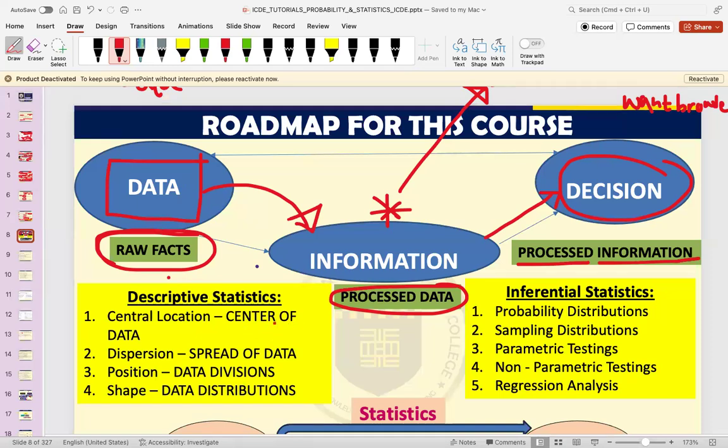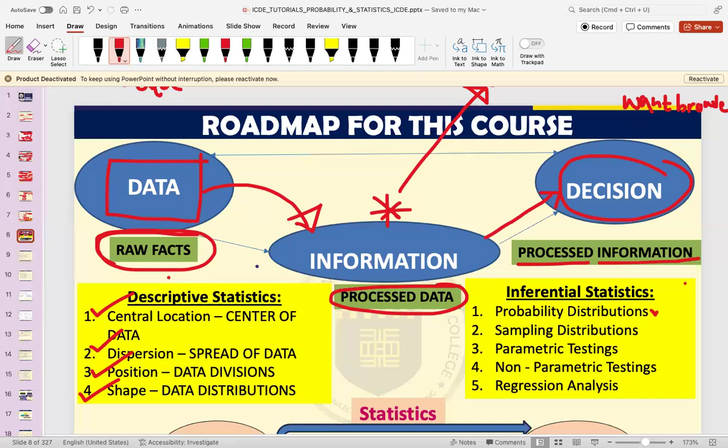So we use the tool of central location, the tool of dispersion, the tool of position, the tool of shape on my left-hand side to still crack data and get information out of it. And then we'll continue from now, information to decision. These are the things we are going to use to crack information to decision.